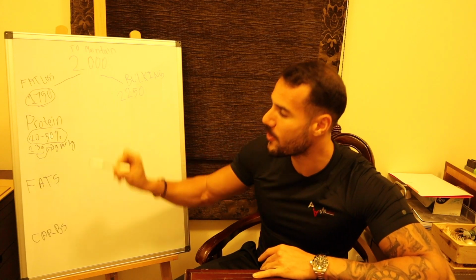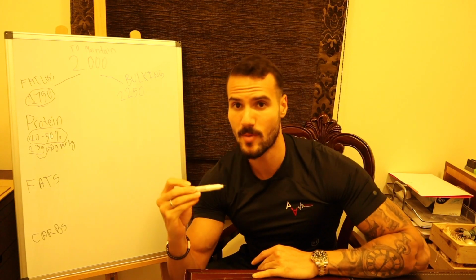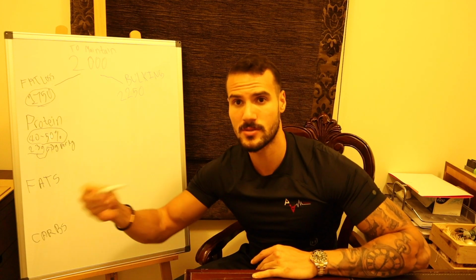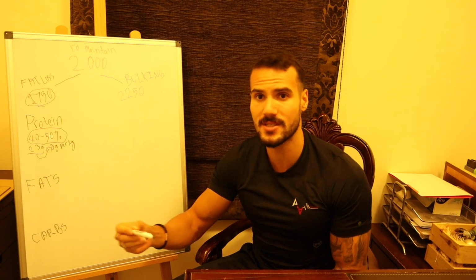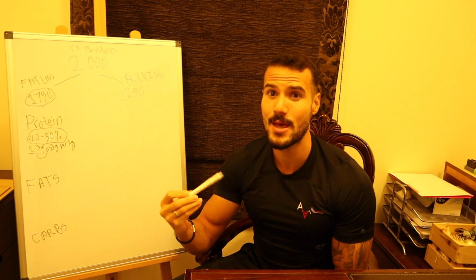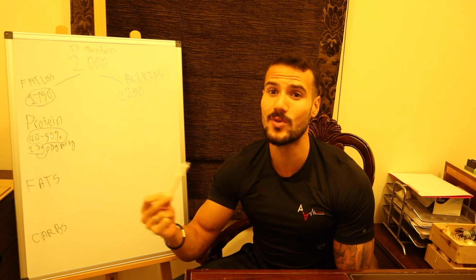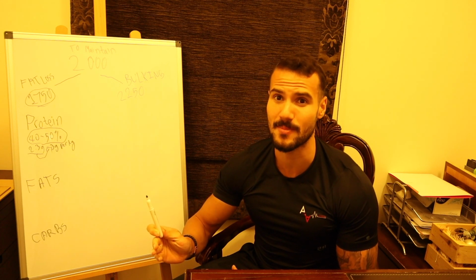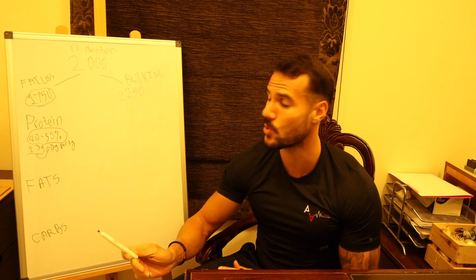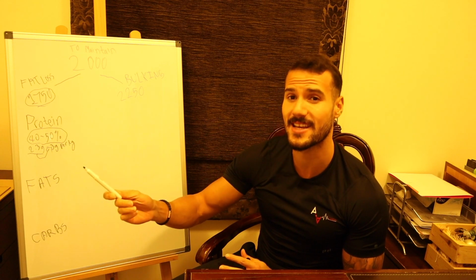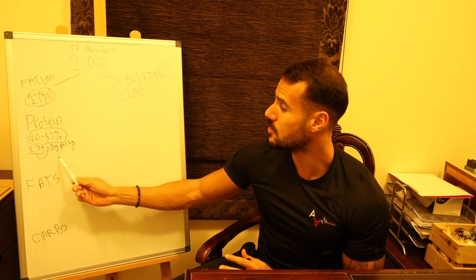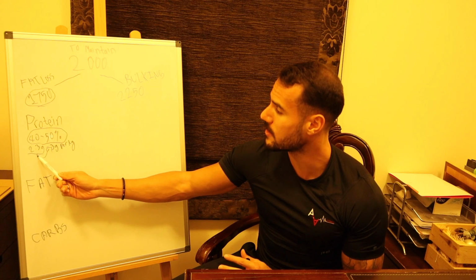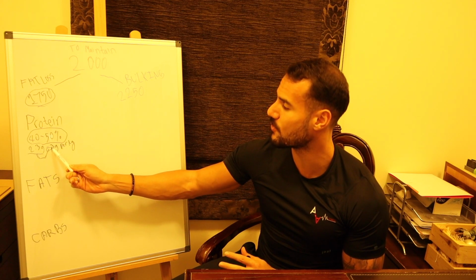The more you progress, the less body fat you have, the more protein you will need in order to preserve that muscle mass, and also for energy, because the training intensity is going to be high. So slowly, as you progress, you move to the 3 grams.